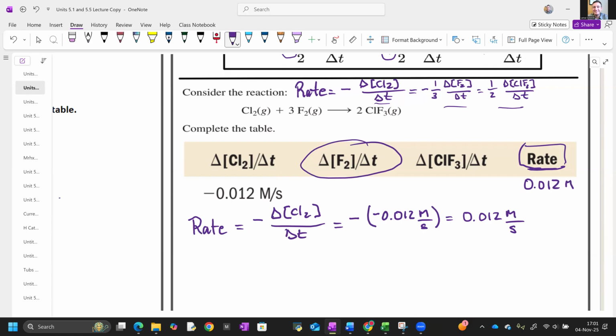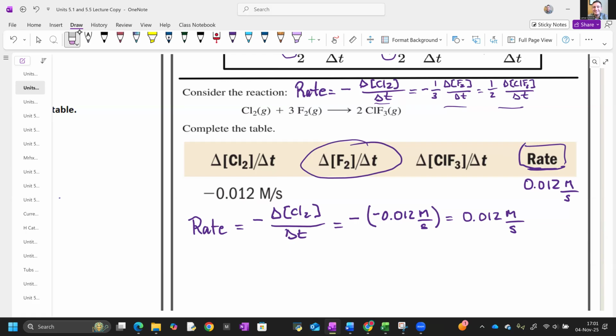And this is why we have a negative in our expression. Because this change here is going to be negative because it's a reactant. Its concentration is decreasing with regard to time. And so we see there that, in fact, if we did not have that negative sign there, our rate would not end up positive. And here it does end up positive.